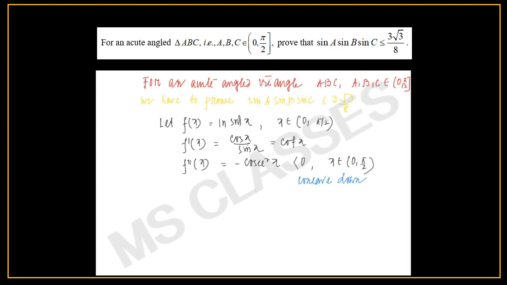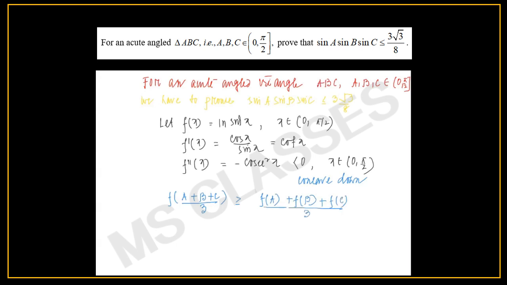Since it is concave down, using Jensen inequality, we can say f of (a plus b plus c)/3 is greater than or equal to (f of a plus f of b plus f of c)/3.